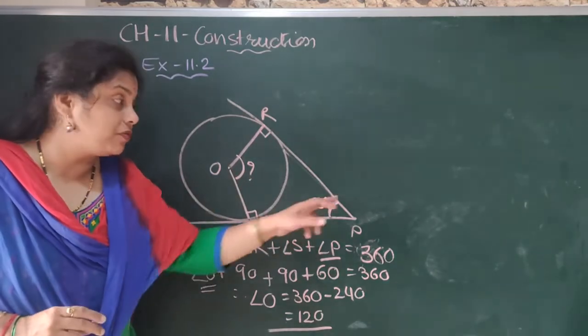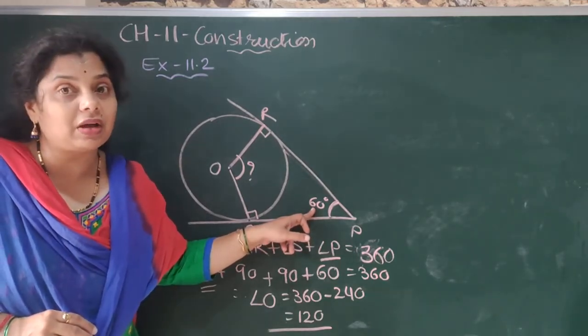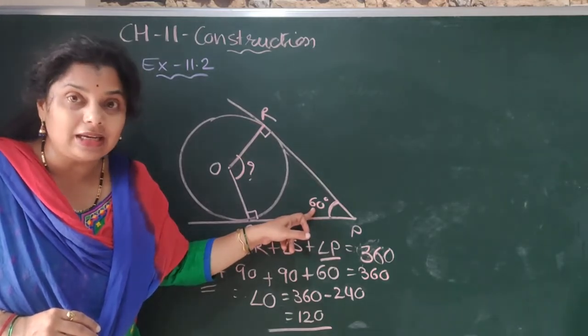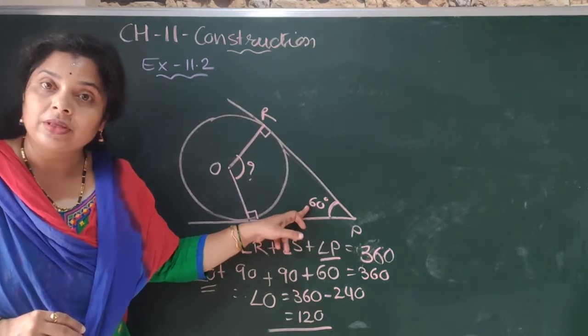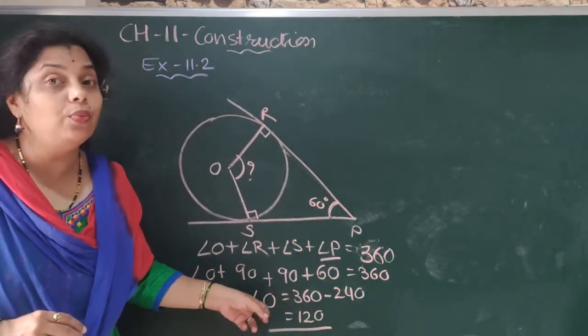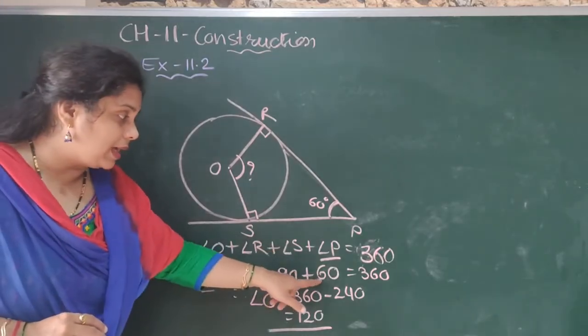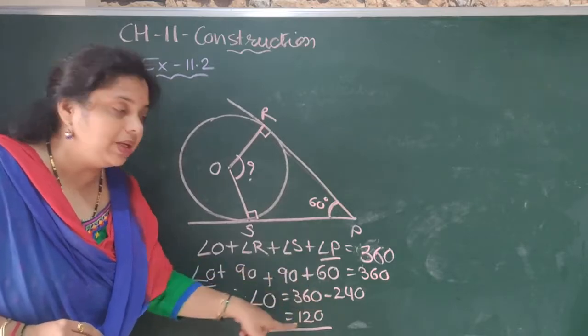Now, instead of 60, if they ask for a 75 degree inclined angle between the tangents, would it be the same calculation? No, the calculation changes. Why? As the angle changes, the total calculation changes.